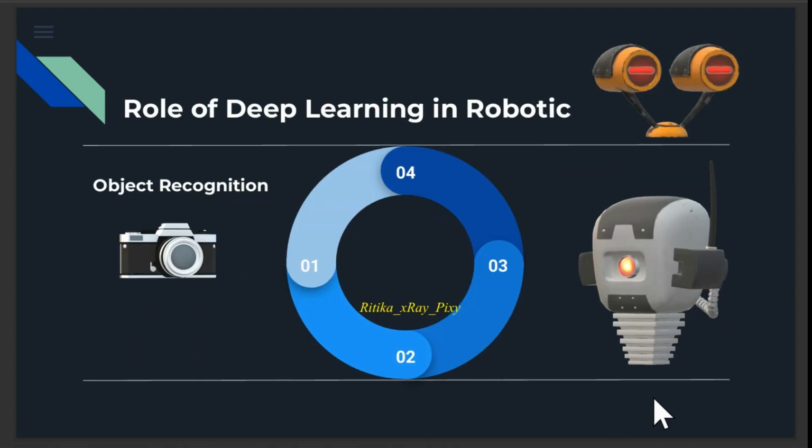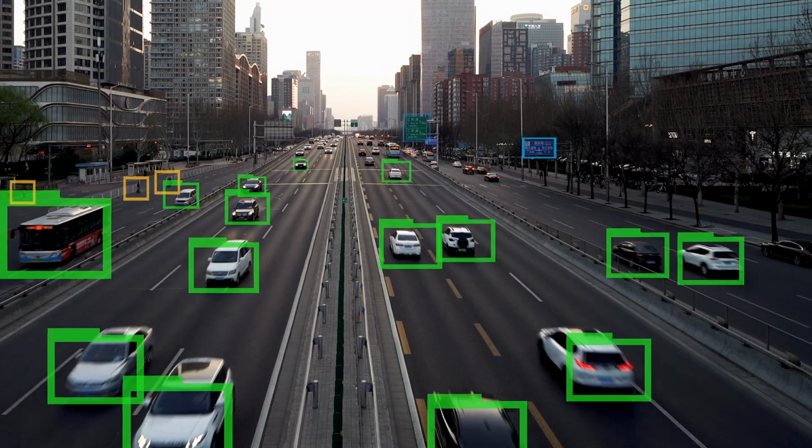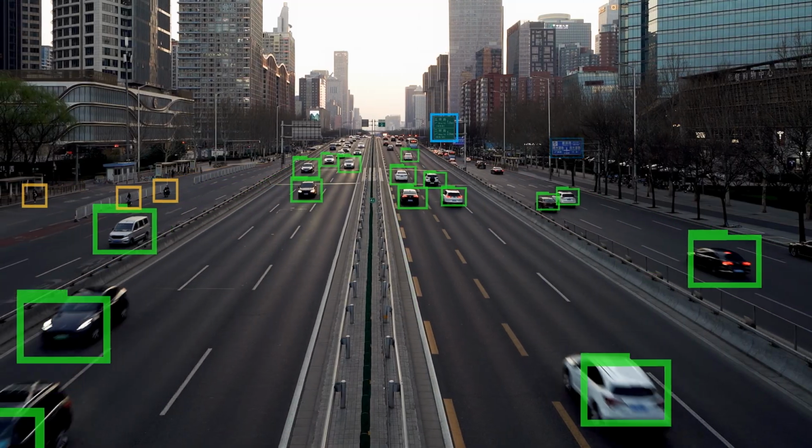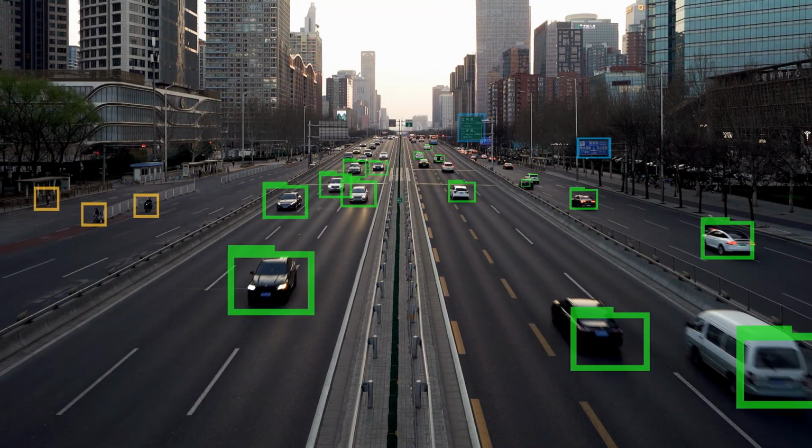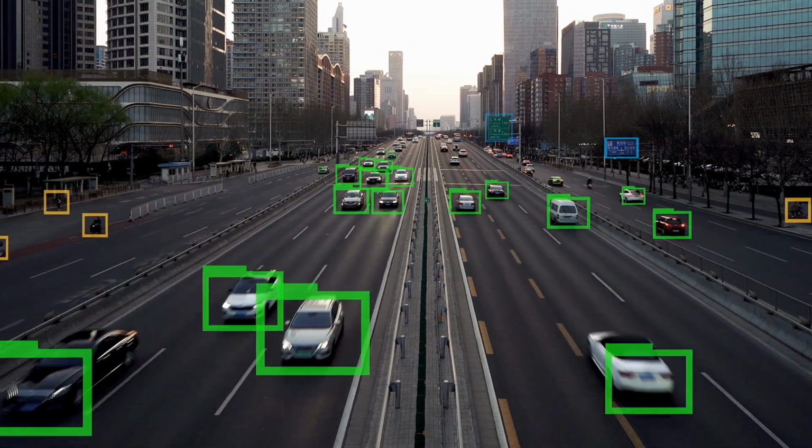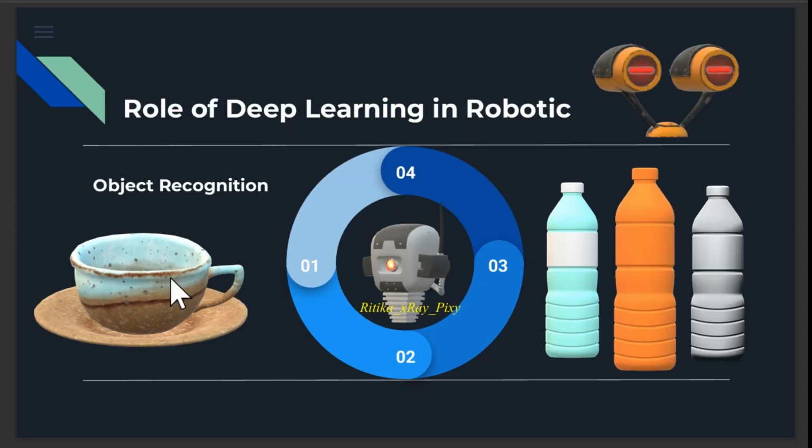For example, first case we have object recognition. So here we can use deep learning that can help the robot to see and recognize different objects using cameras or sensors. For example, the robot can identify a cup, a pen, or a bottle just like we humans recognize objects with our eyes.